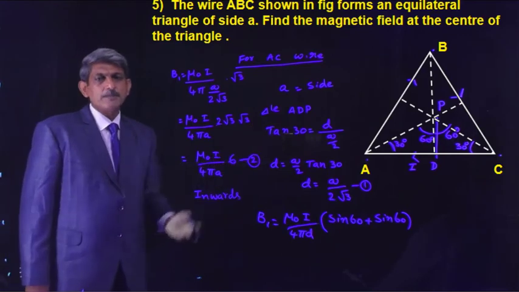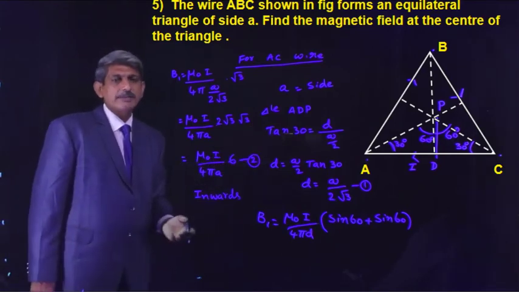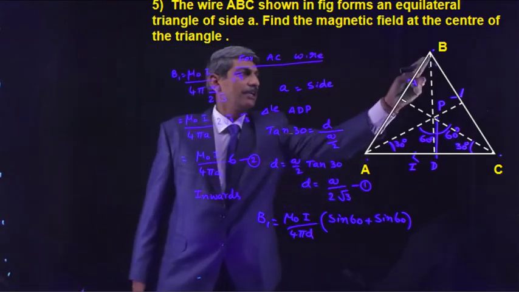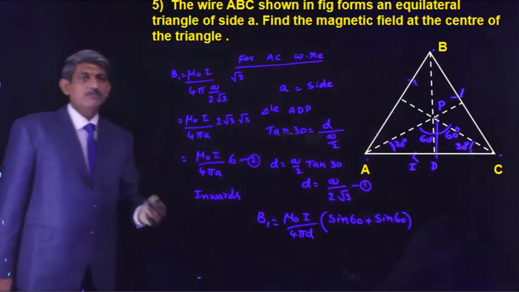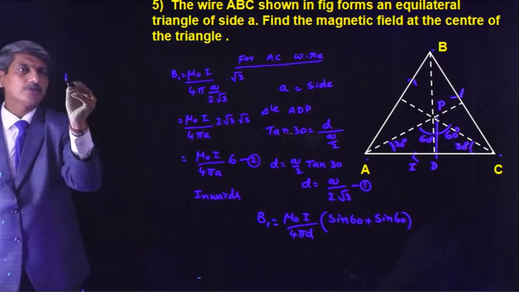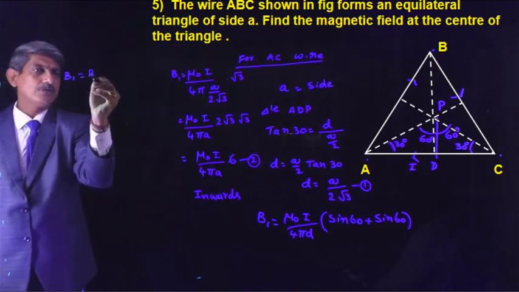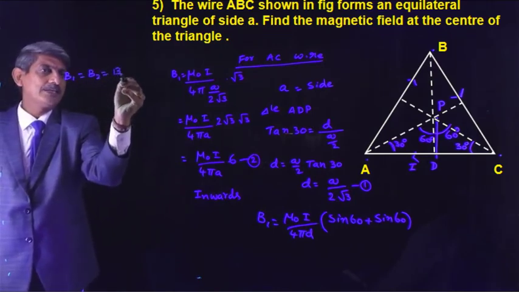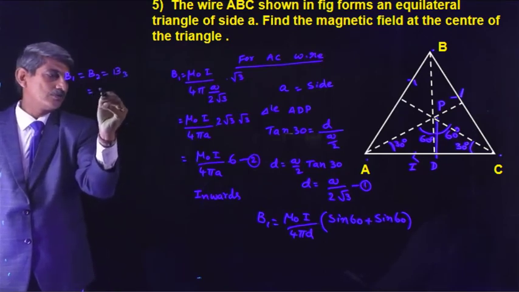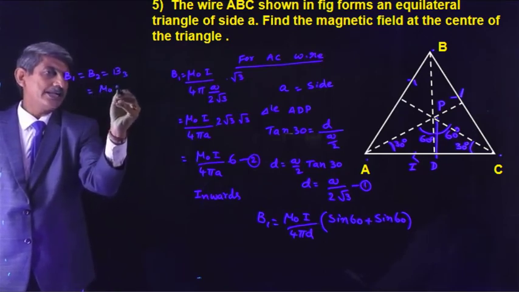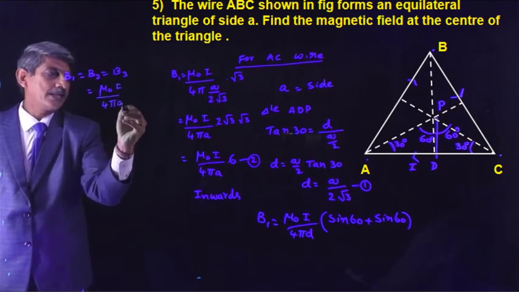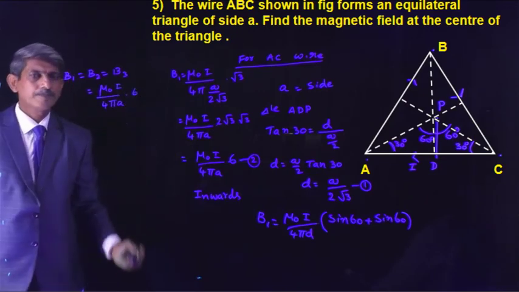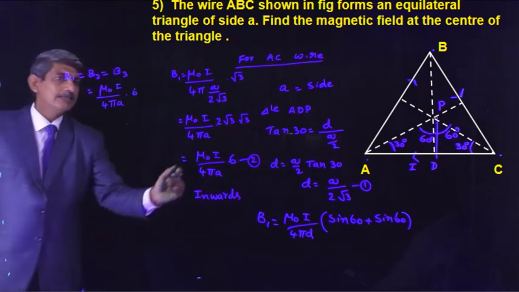By using the same procedure, we can also determine the magnetic field produced by the AB wire and also the BC wire. From that we have B1 is equal to B2 is equal to B3, that is equal to mu naught I divided by 4 pi A into 6. All are acting inwards.